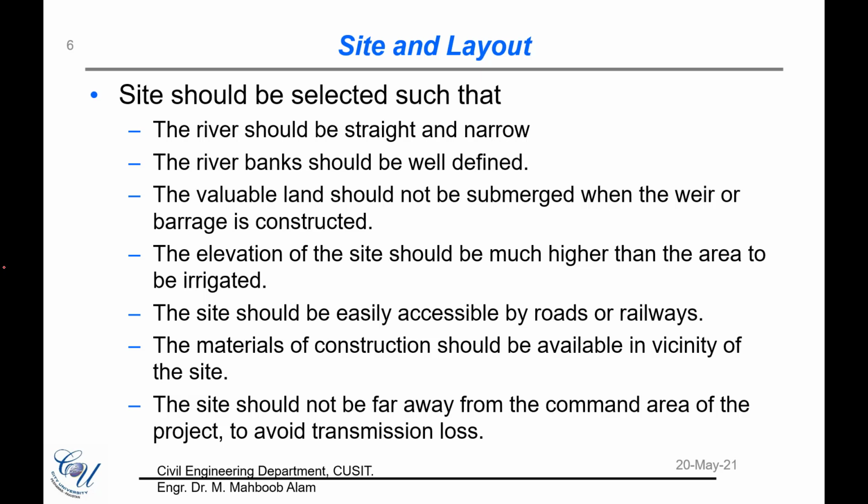The site should also be selected in such a way that we do not have a lot of valuable land coming under the water. So not a lot of water should be submerged, and the natural banks of river should be maintained. The elevation should also be higher than the area which is irrigated, which is only understandable.